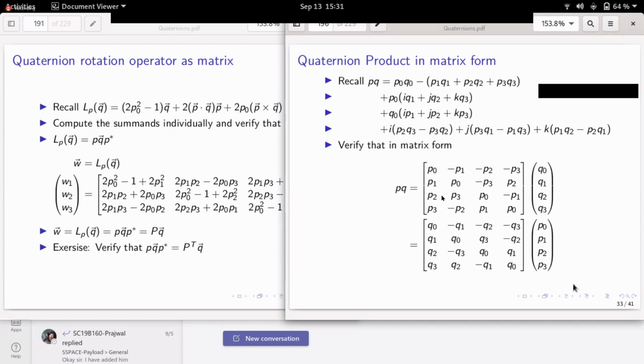Sir, where is the vector here, sir? I have not written it. I am saying that you have to imagine it like that. I have abused the notation here, which is not right. So in your mind, you can imagine that after the product operation, you get 4 different numbers as coefficients for PQ. Finally, a quaternion is a collection of 4 numbers.